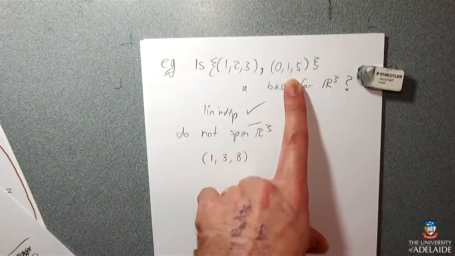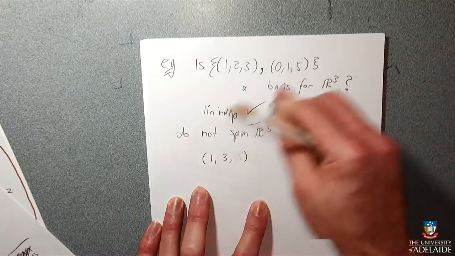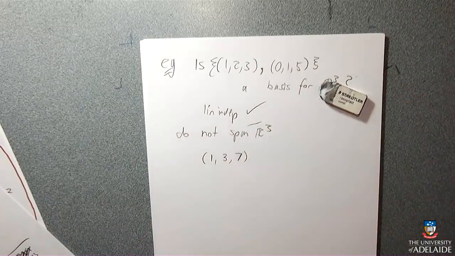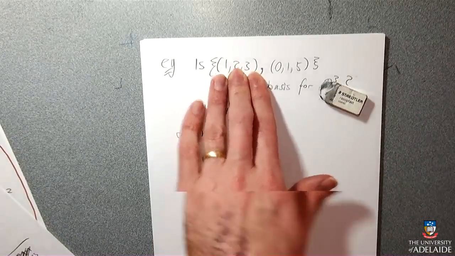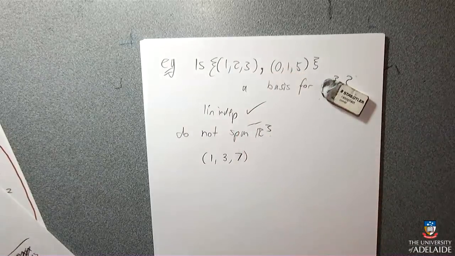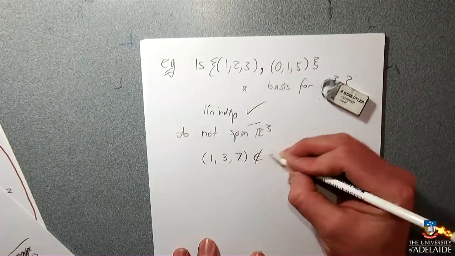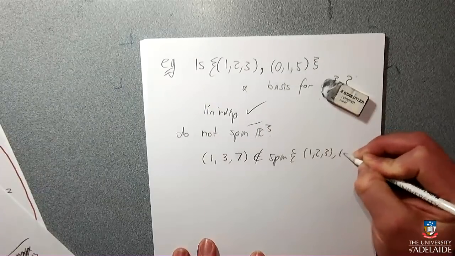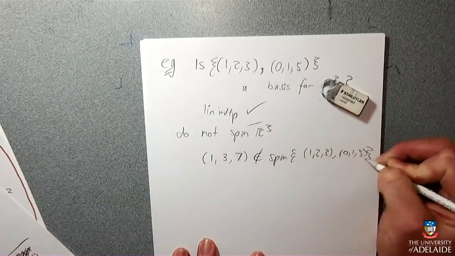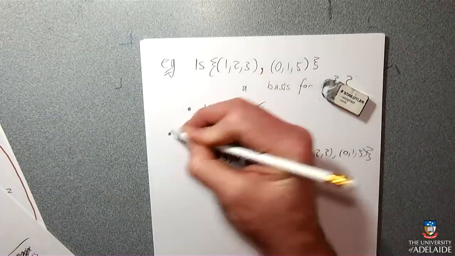That's definitely in the span. That one won't be, because I only changed one coordinate. If I'm going to change coordinates, I have to change them either in the pattern 1, 2, 3 or in the pattern 0, 1, 5. It is not in the span of 1, 2, 3 and 0, 1, 5. So no.